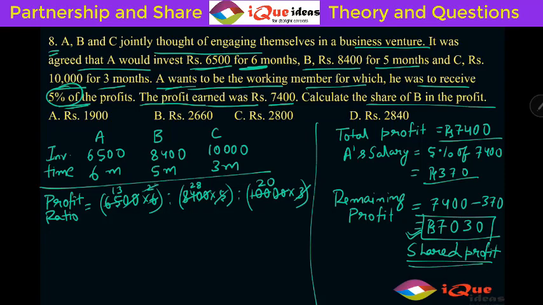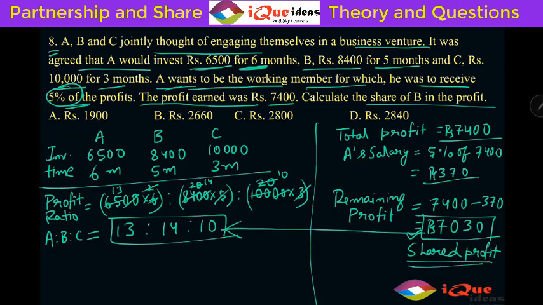Then further 2 cancels 2. 2 cancels 28 14 times and 2 cancels 20 10 times. Right. So finally the ratio of profit is 13 for A, 14 for B and 10 for C. This is the ratio of profit for ABC, right? So this shared profit has to be divided in this ratio.